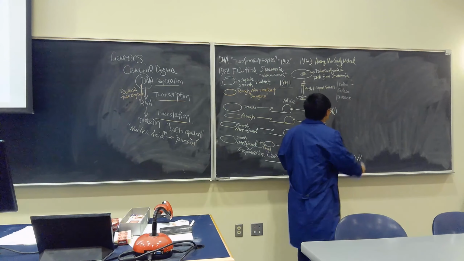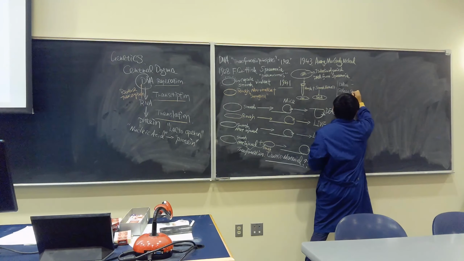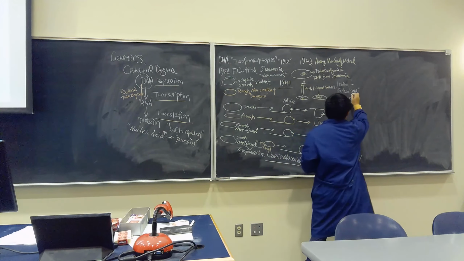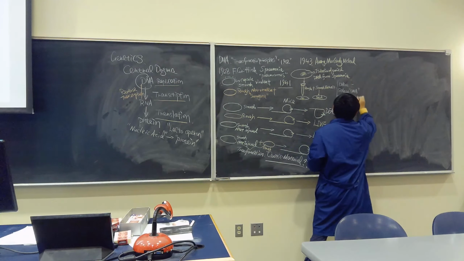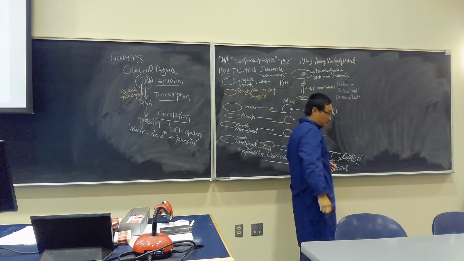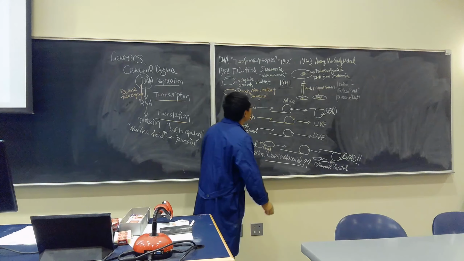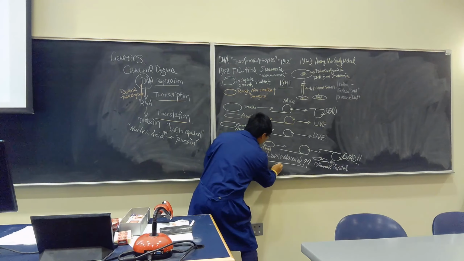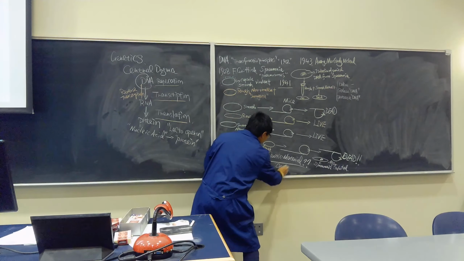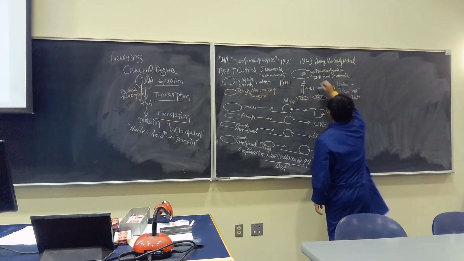With the RNase, the DNA is still isolated, and with the protease, the DNA is also isolated. So what does this mean? This means this genetic material, very possibly, is DNA. And they say it's a purified DNA. Okay, so that's DNA.